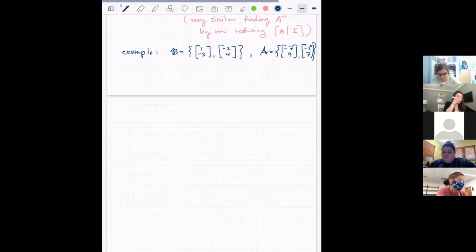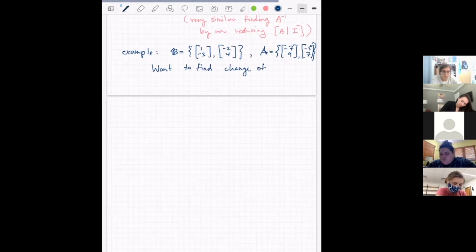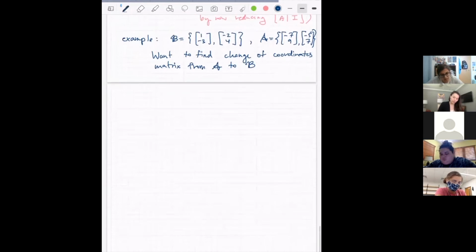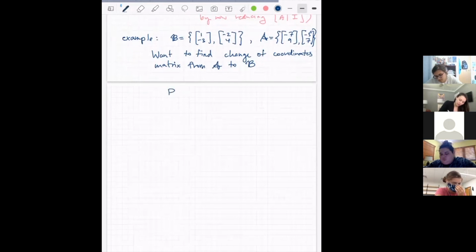We want to find the matrix from A to B, or let's go from B to A, since that's what the textbook does.